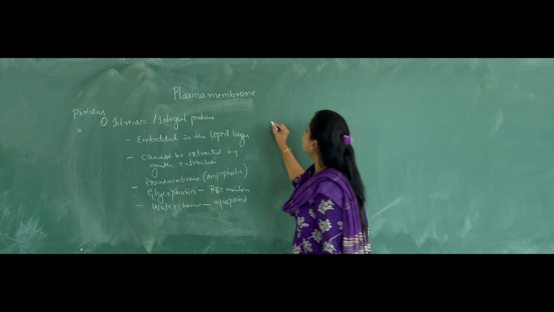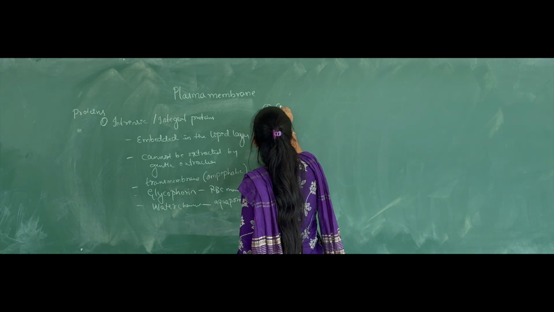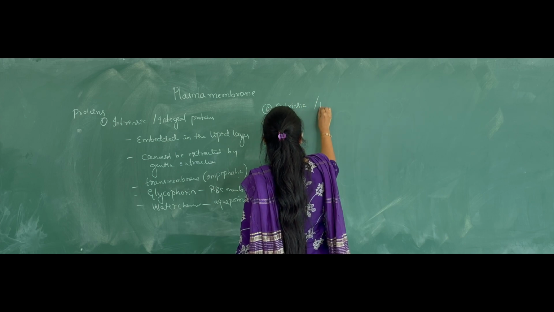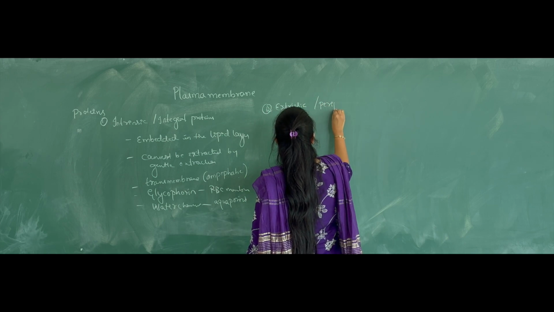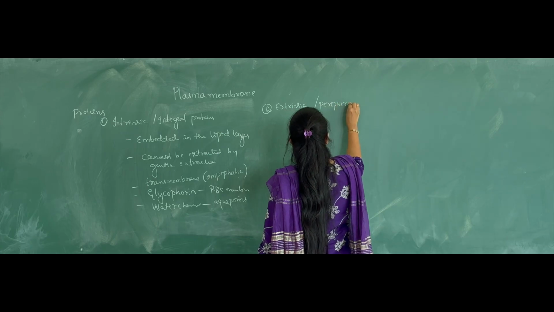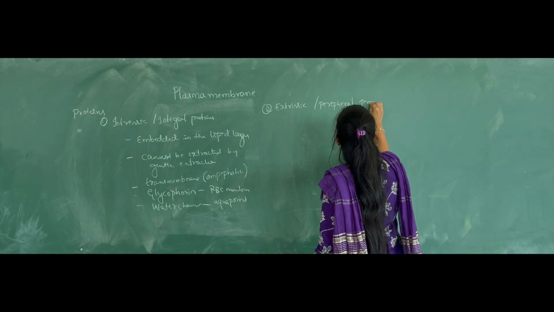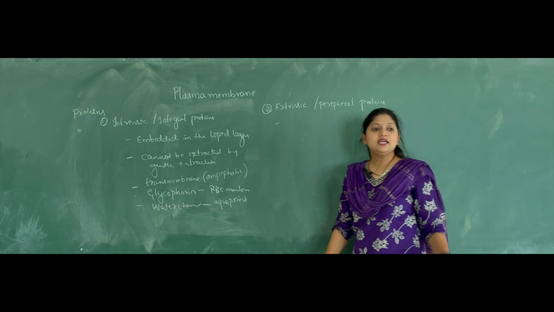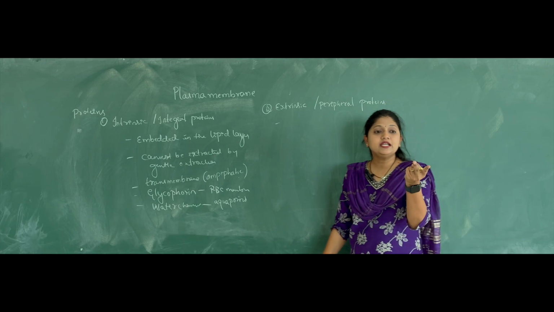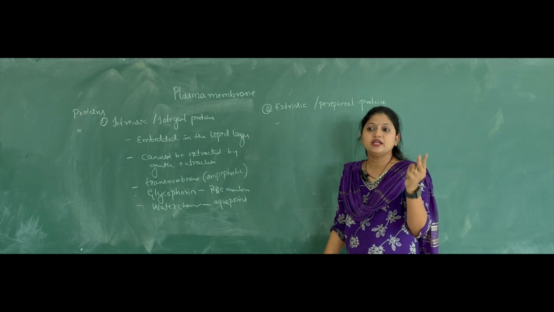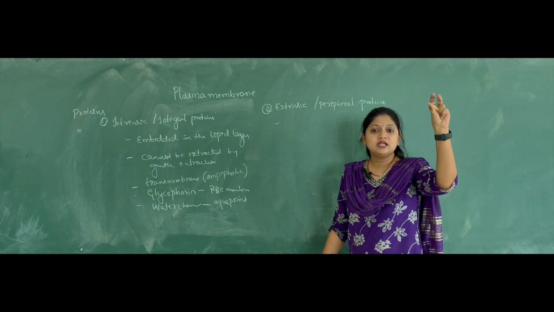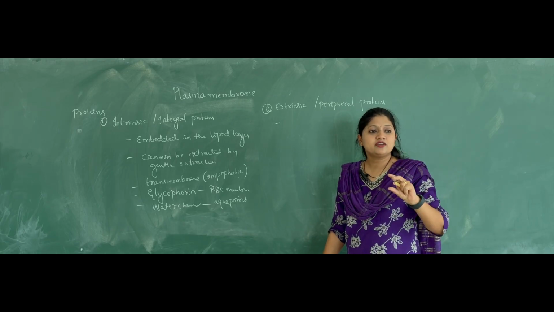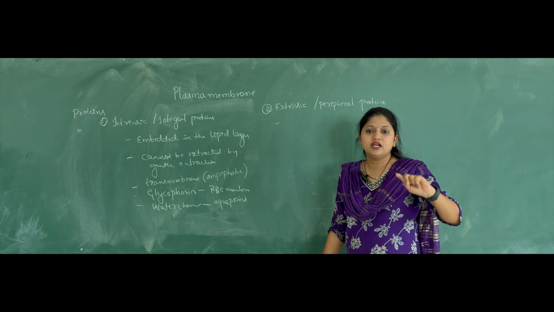Okay. Then coming to the extrinsic proteins, or we call them peripheral proteins. So these are either bound to the external heads of the lipids, or they are just attached to the internal boundaries of the lipids.